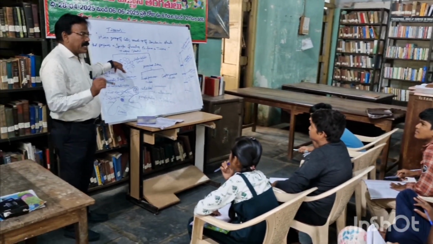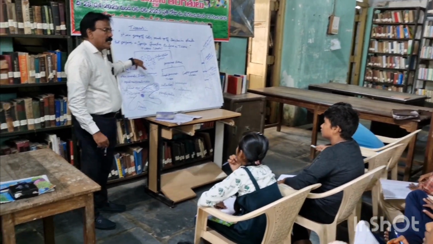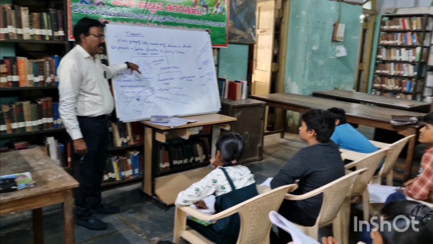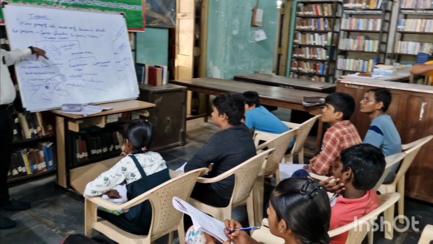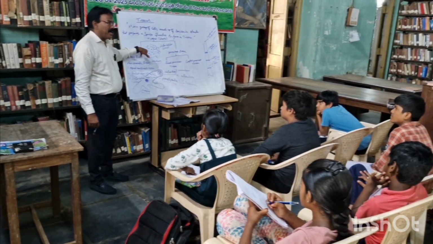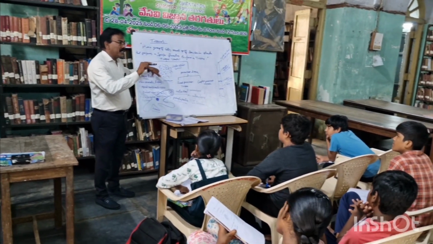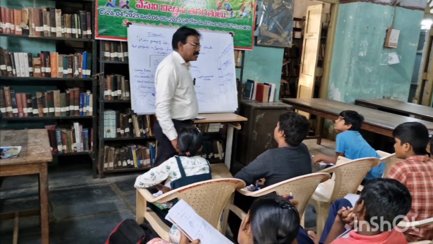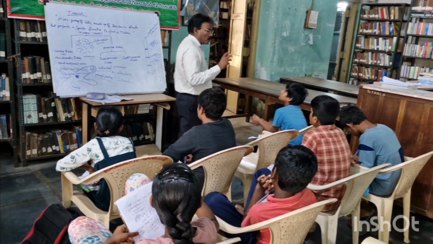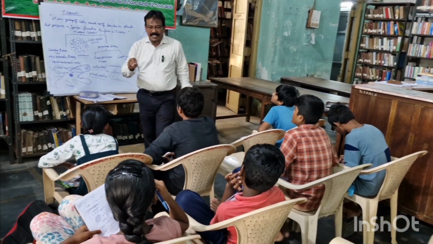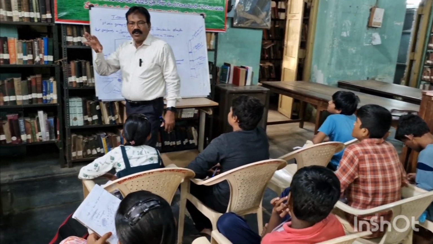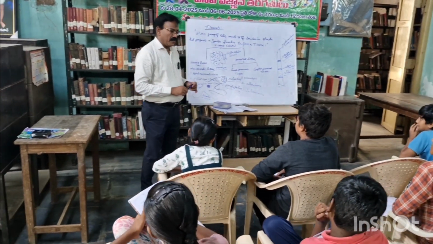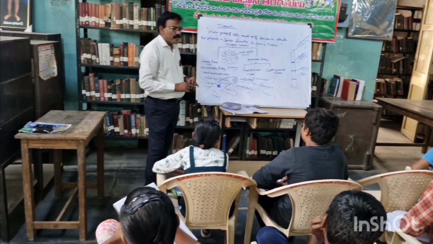Whenever it consists of chloroplast, they have chlorophyll in it, and then it participates in the photosynthesis. Such parenchyma is called chlorenchyma. That means the tissue which performs photosynthesis and produces food. So this is a type of parenchyma.